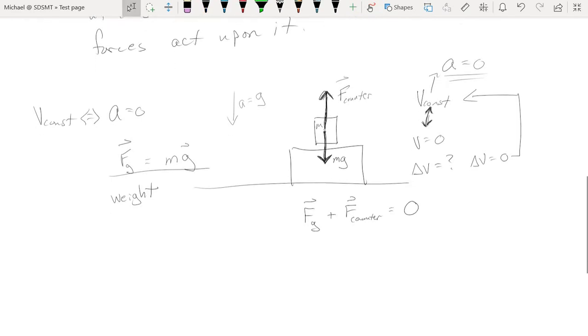We have two equal and opposite forces acting on the mass, but they cancel the effects of one another, and so we now have what is called a net force. And the definition of net force is going to be the summation of all forces that are acting on our mass.